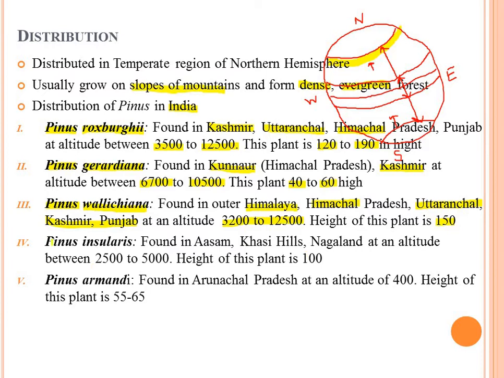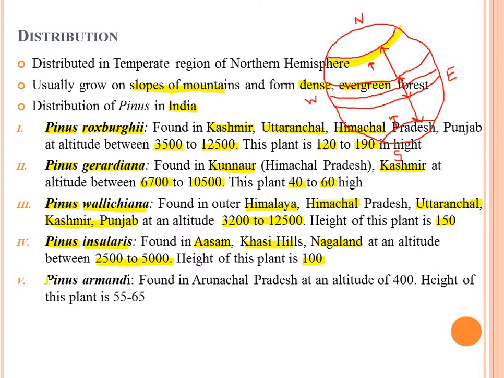The next species is Pinus insularis, found in Assam, Khasi Hills, and Nagaland. All these states belong to the Himalaya, at altitudes between 2,500 and 5,000 feet. The height of this plant is more than 100 feet.